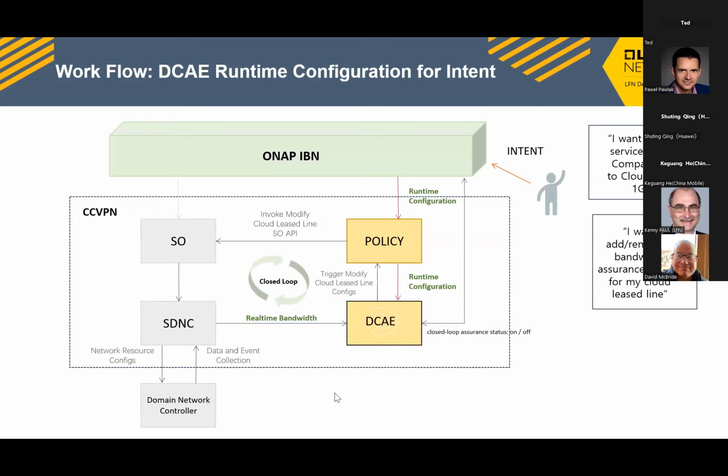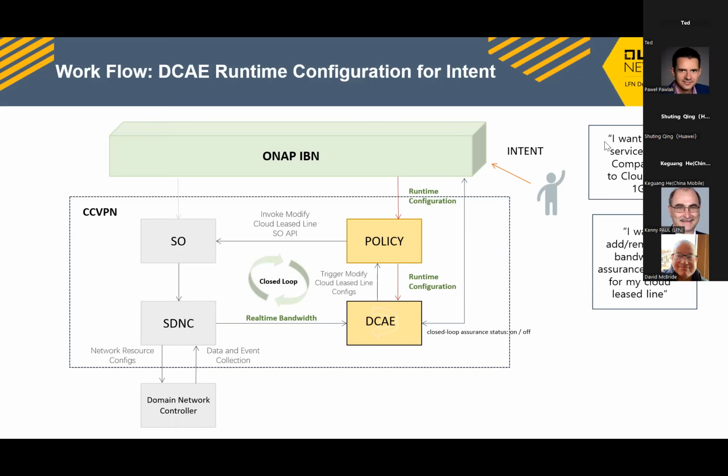This is a very high-level architecture for our IBM use case. In this use case, it can explain the CLL creation service, and also the bandwidth assurance service. So just to give you a quick idea about how it works. First, let's say I want to buy a cloud lease line service from company A to cloud B of 1 GB.